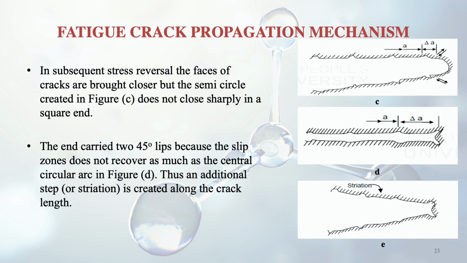The end carries 45 degree lips, as you can see in the figure. Why? Because the slip zones do not recover as much as the central circular arc. So on the right hand side you can see the central circular arc. Accordingly this tip side has not recovered. So in figure D also you can see that this tip has not completely recovered.